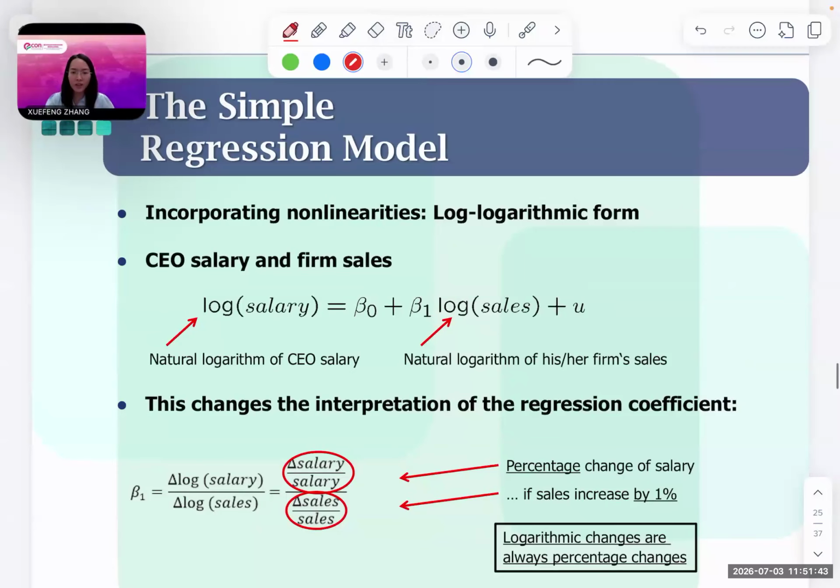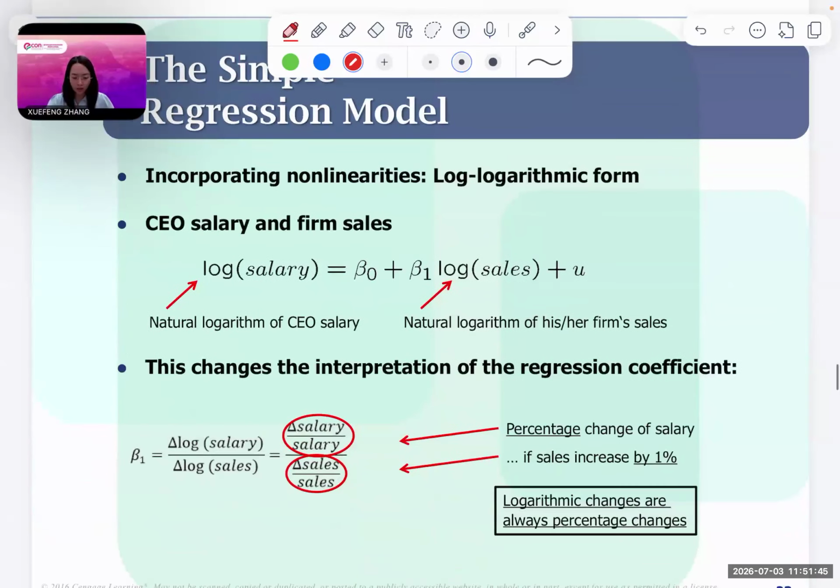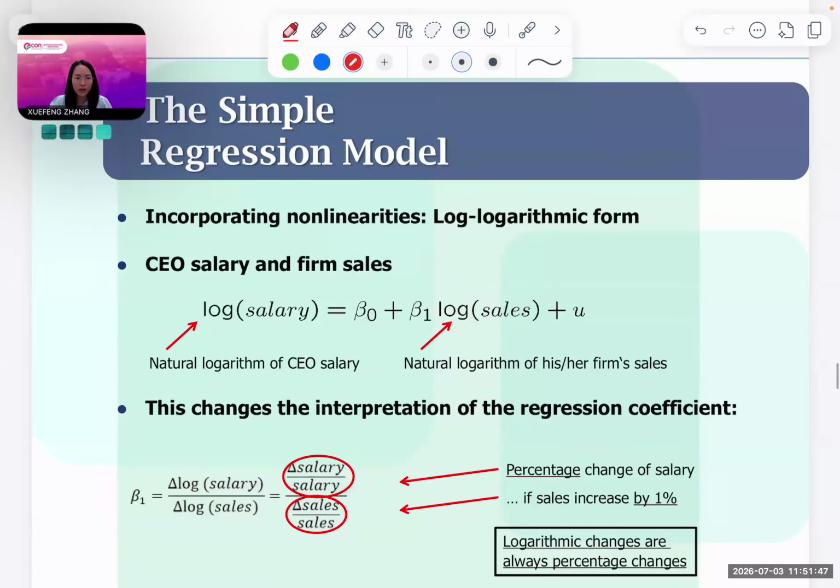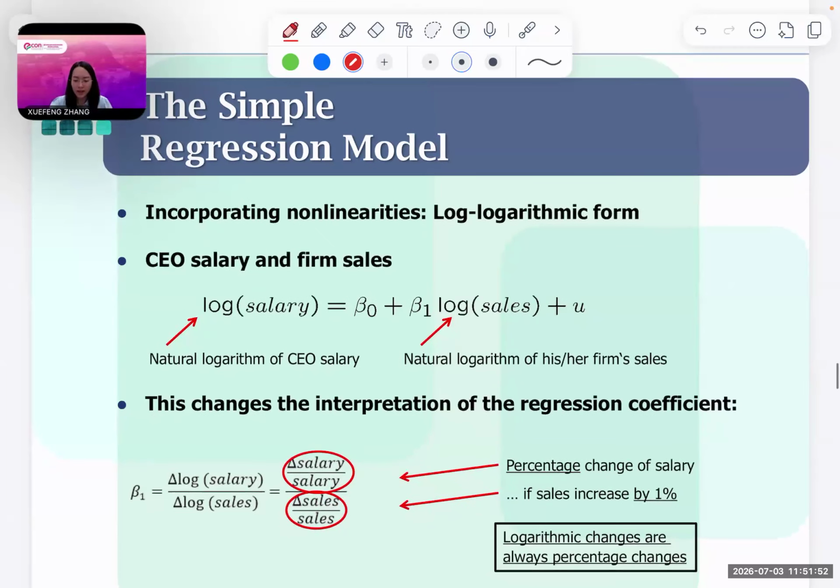Okay, we talked about semi-log. So now let's see the log model here. That means for both x and y, we take the natural logarithm, okay, on both x and y.